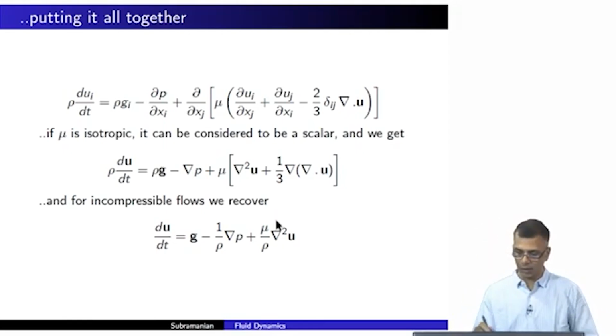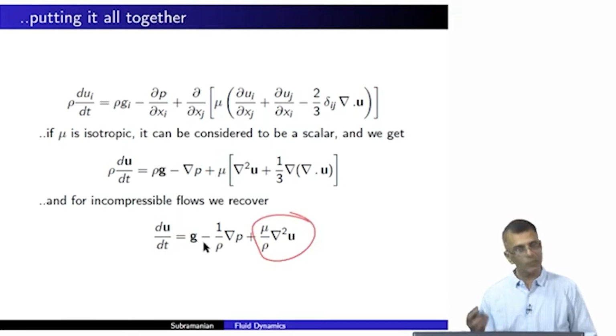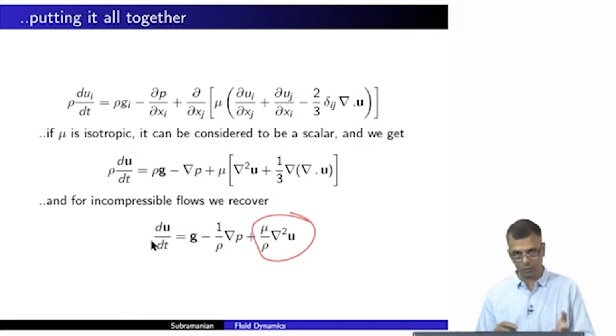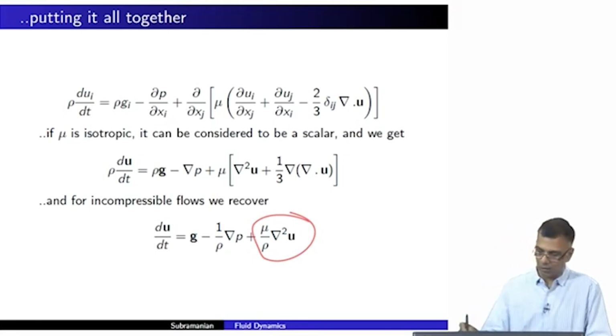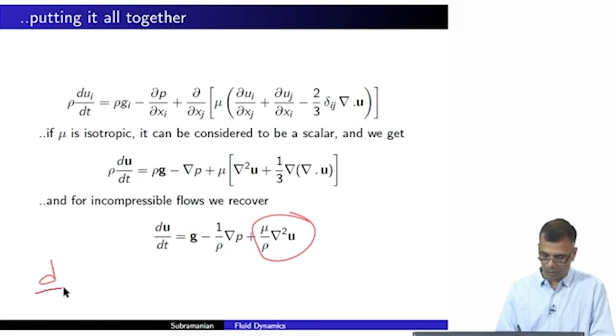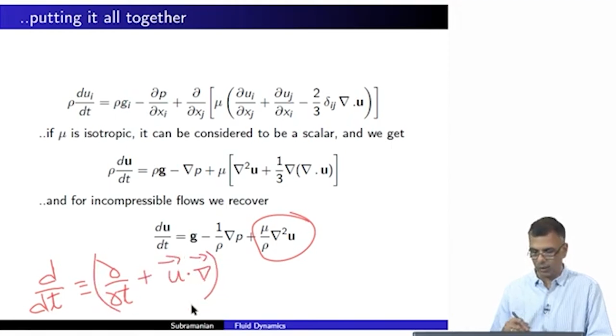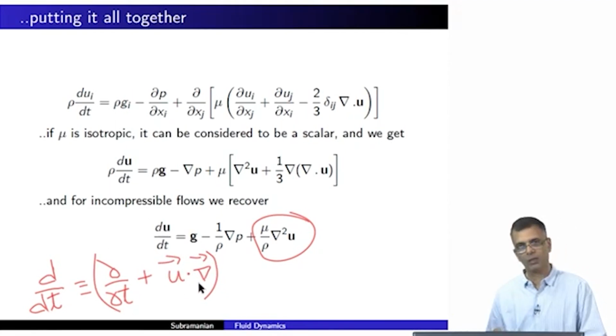Without this, this looks just like the Euler equation, and the du dt is of course a Lagrangian way of writing it. If you wanted to write it down in the lab frame, the Eulerian frame, you would have the partial derivatives, which we know how to do. You remember, this is the same as this. So, if you do not like this way of writing things, you can always write it this way, same thing.